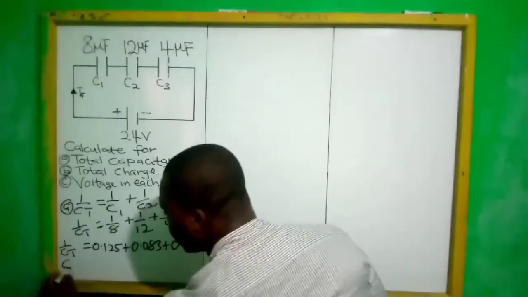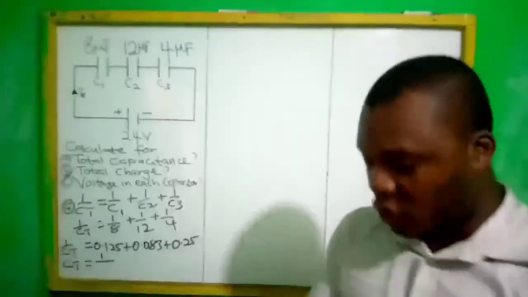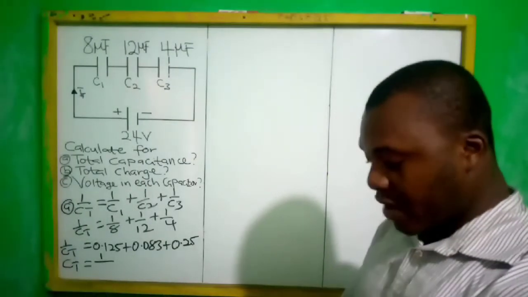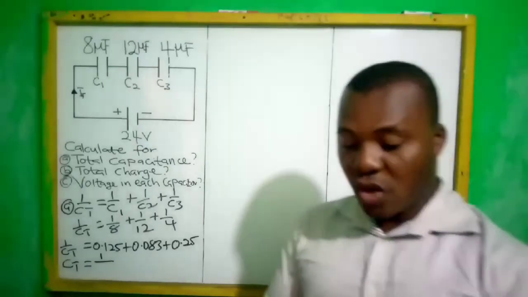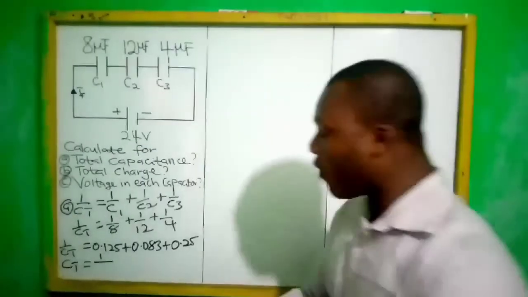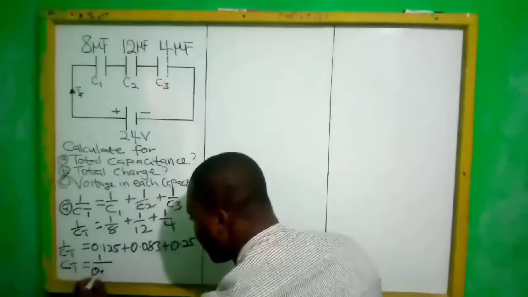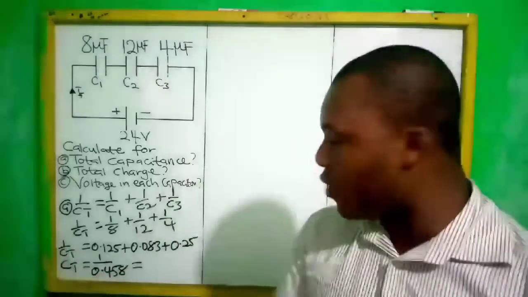So let's add these three: 0.125 plus 0.083 plus 0.25, which gives us 0.458.